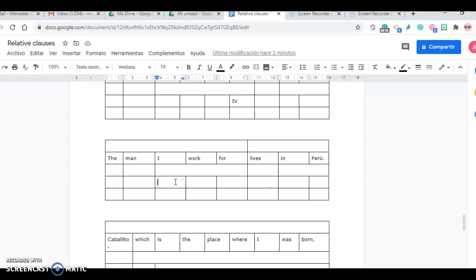So I is the subject, work for, we can say that it is a prepositional verb, yes? And that would be the direct object, is omitted. It is elided, yes? So we can say that there is elision of the direct object, which is a defining relative pronoun.